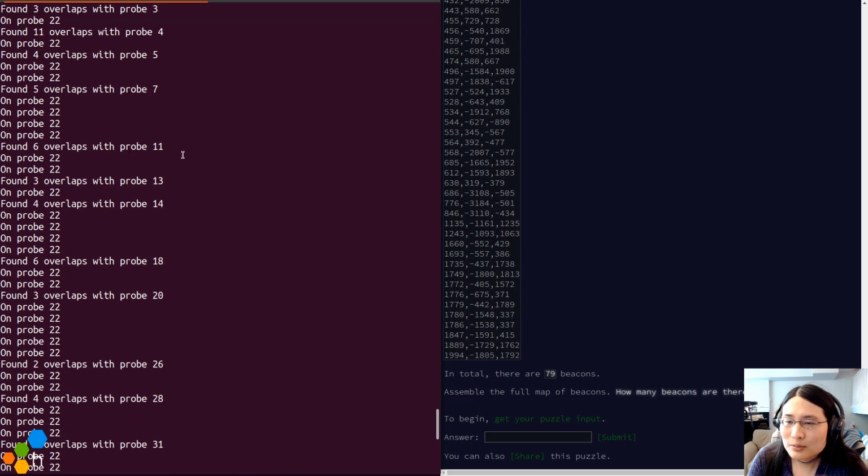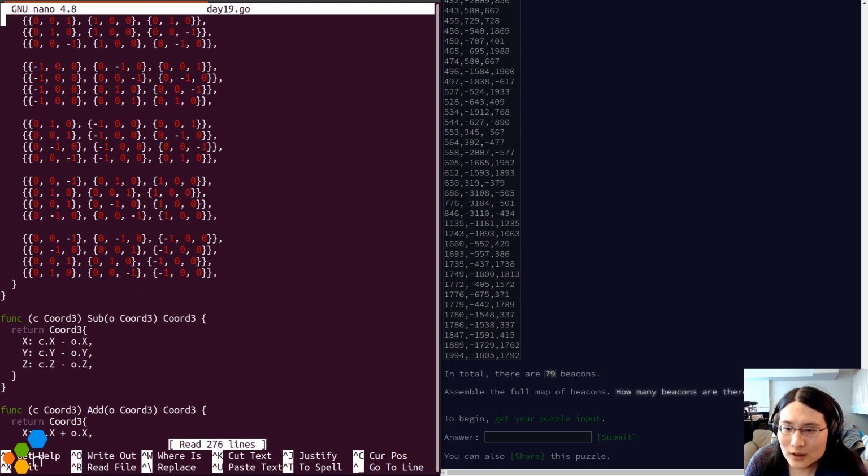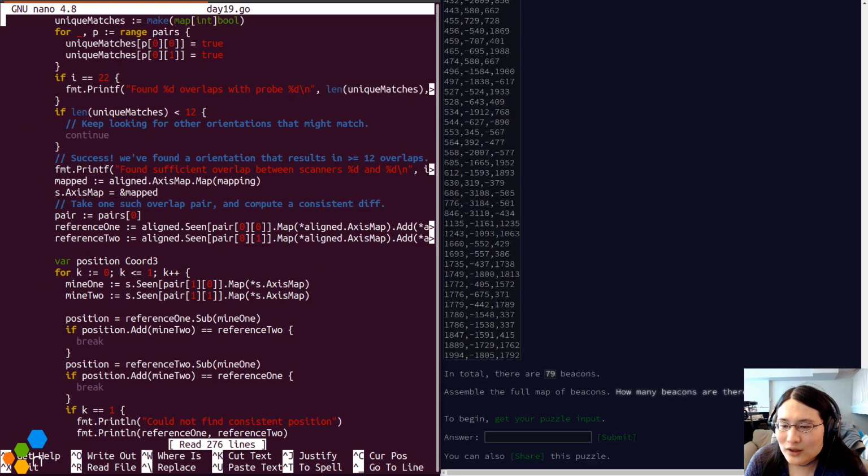That's close, but almost. I've acknowledged the page. So the fact that I found 11 overlaps but not 12, I'm wondering whether I can just solve this by getting sloppy.